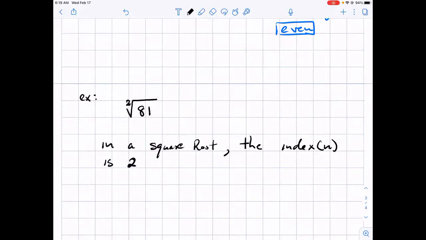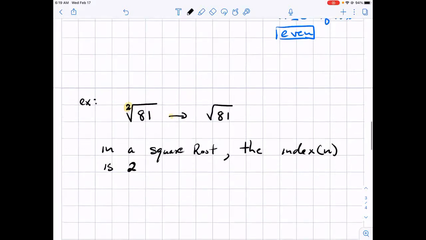So in a square root, we don't write the 2 there because this is called square root. All we do is write this just as square root of 81. We do not write the index.